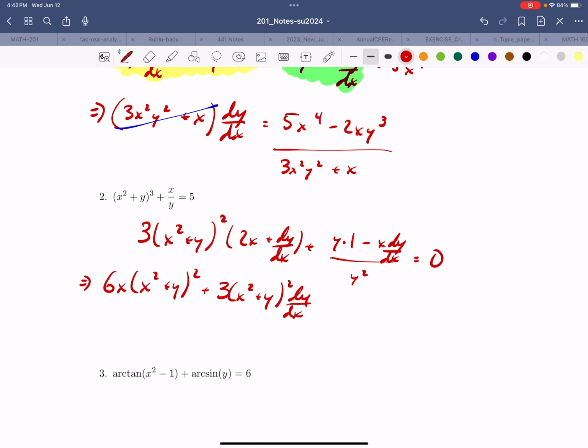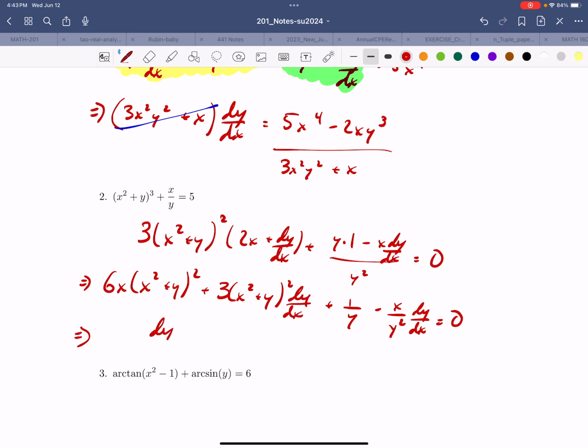Whoops. Oh, and then this is going to be plus, and I guess this will be 1 over y, right? I'm going to separate these, minus x over y squared dy over dx, and that's going to equal 0. And so putting the dy over dx terms on the left, putting the other terms on the right, factoring out, blah, blah, blah. See if you can follow me on this one.